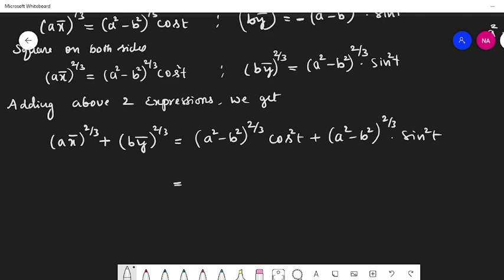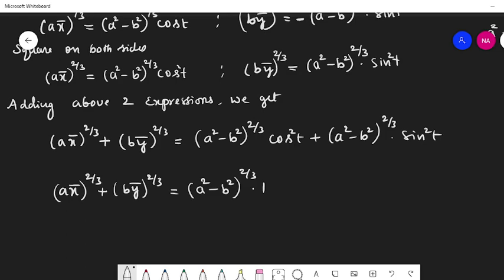So adding these two, we get finally (ax bar) whole power 2 by 3 plus (by bar) whole power 2 by 3 equal to (a square minus b square) whole power 2 by 3 into 1. That 1 is nothing but cos square t plus sin square t.